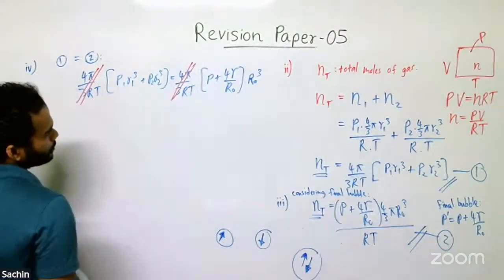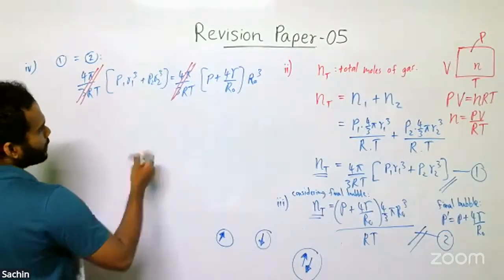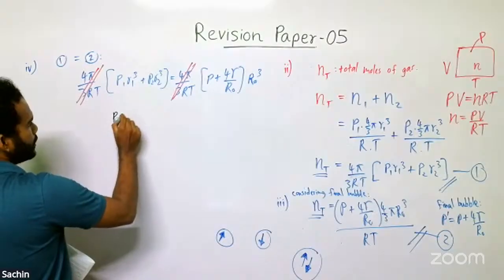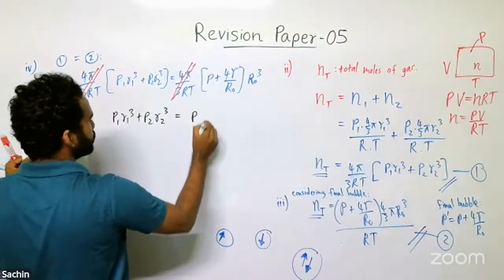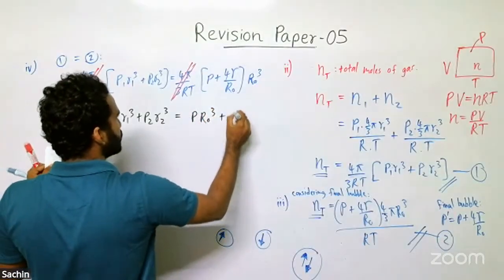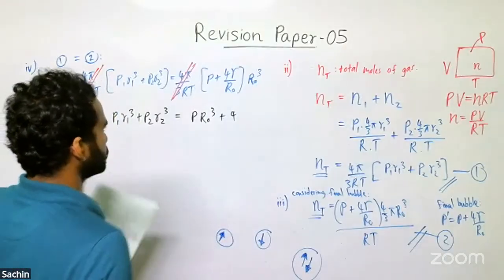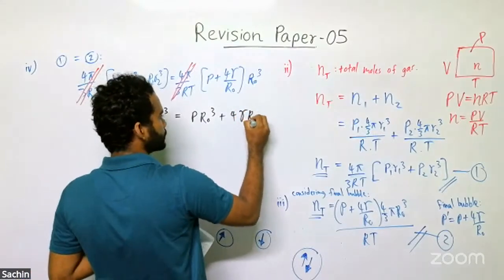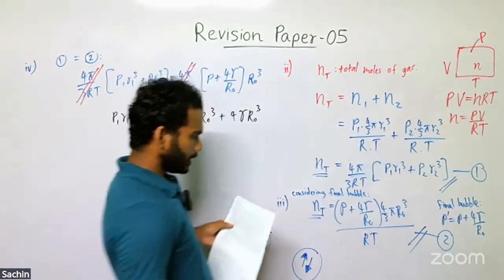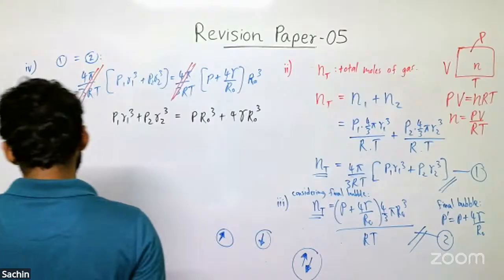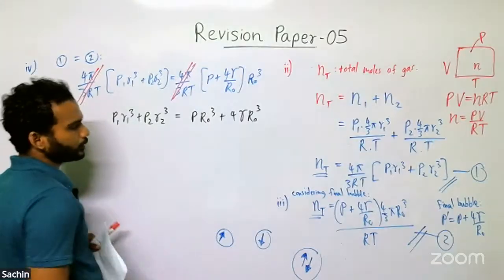Now just two simple expressions on both sides, so I'm going to expand it. P1 R1 cube plus P2 R2 cube should be equal to P R naught cube plus 4 gamma R naught squared. By the way, if you see the final result, there's no P1 or P2 included in the equation. P1 and P2 are removed.